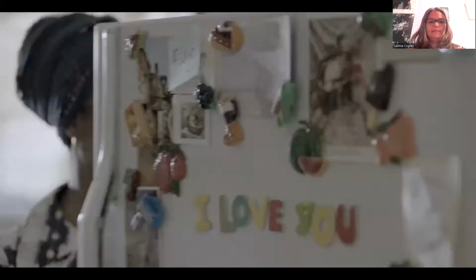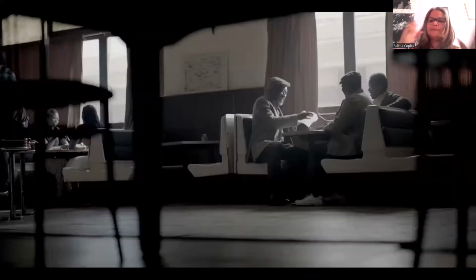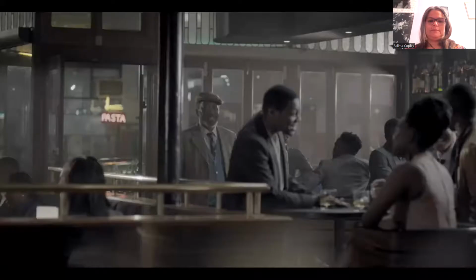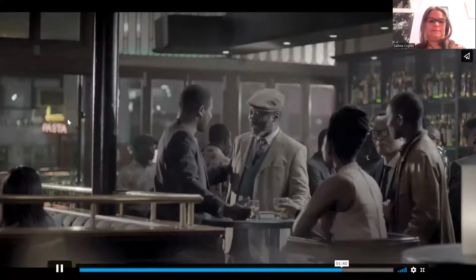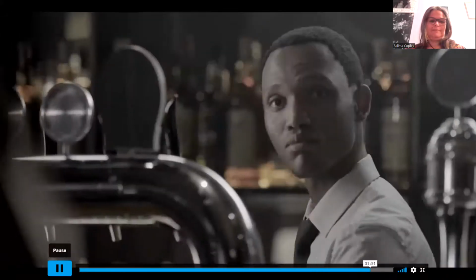My son and I mowed the grass. That's a gold star. Gold star. Unbelievable. Dad, hey, Tubbs, I read your book. You read my book. Barman, give that man a bell.